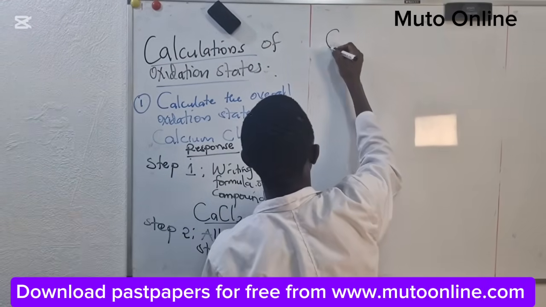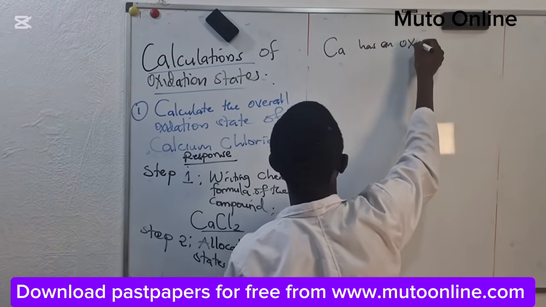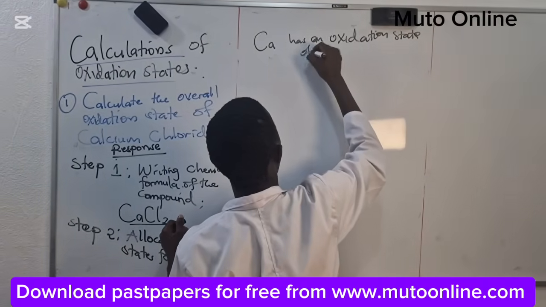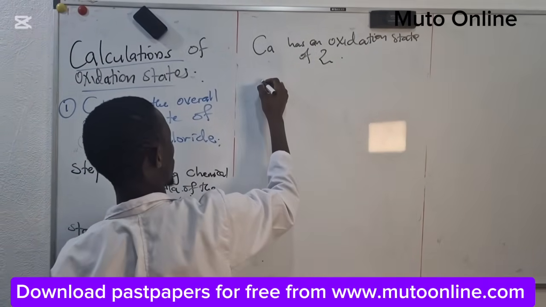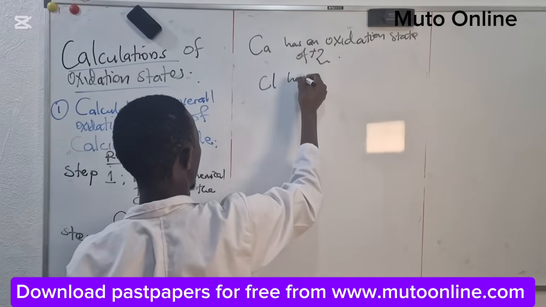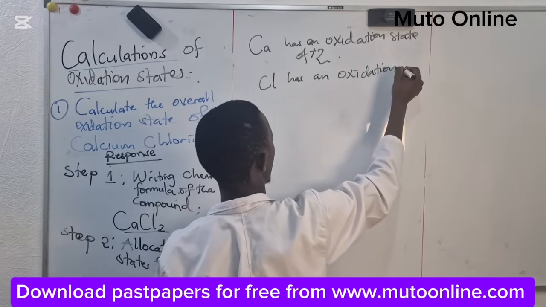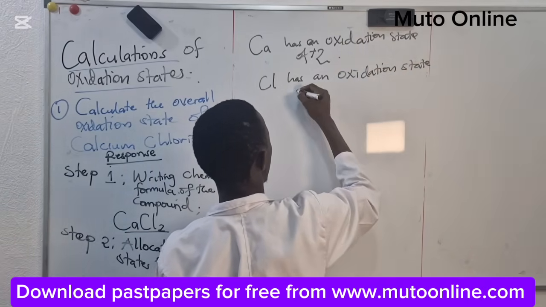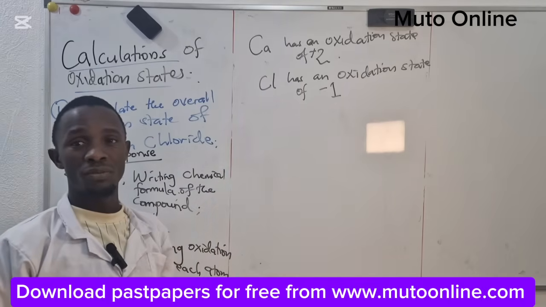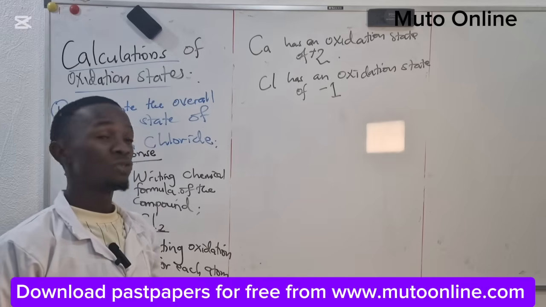We shall find that the calcium has an oxidation state of positive 2, and the chloride has an oxidation state of -1. Why -1? Because every chlorine atom, in its electronic configuration, has 7 electrons on the outermost energy level.